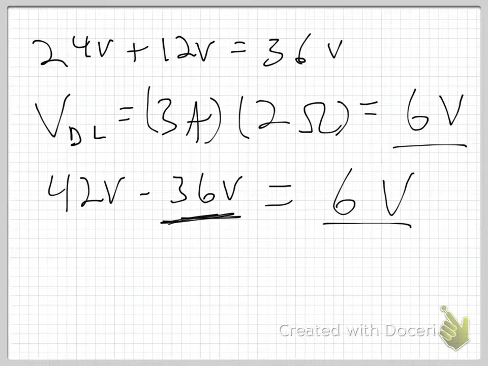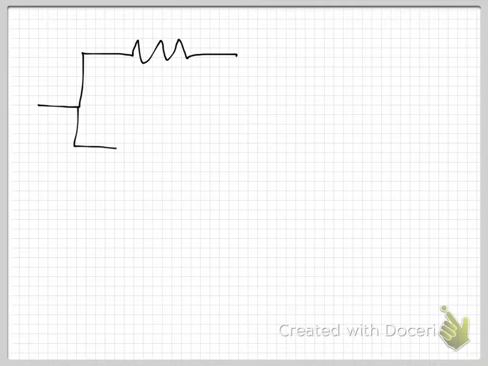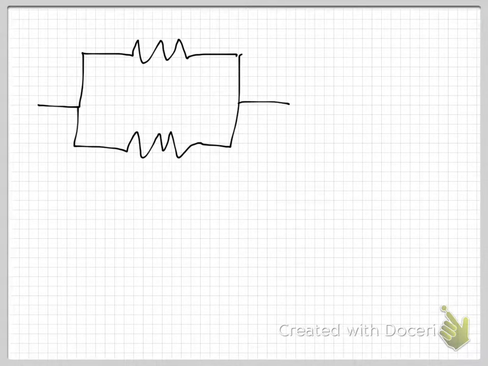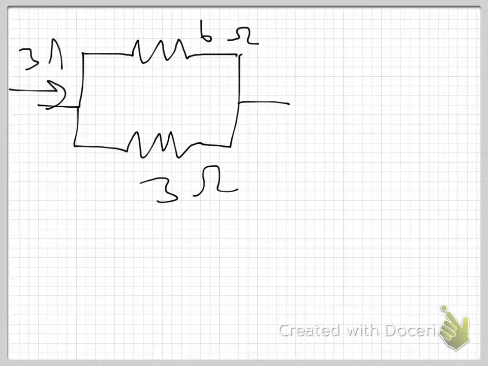Now let me go to another sheet and redraw this loop. So I have, I believe, a 6 ohm resistor up there and a 3 ohm resistor there. So this is my 3 ohms, this is my 6 ohms, and I know what's coming in here is 3 amps, and I know what's going out is 3 amps. I also know now what the voltage across this loop is.